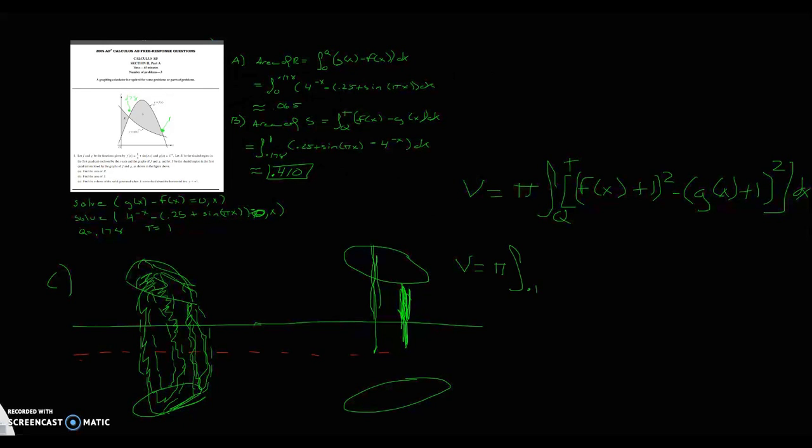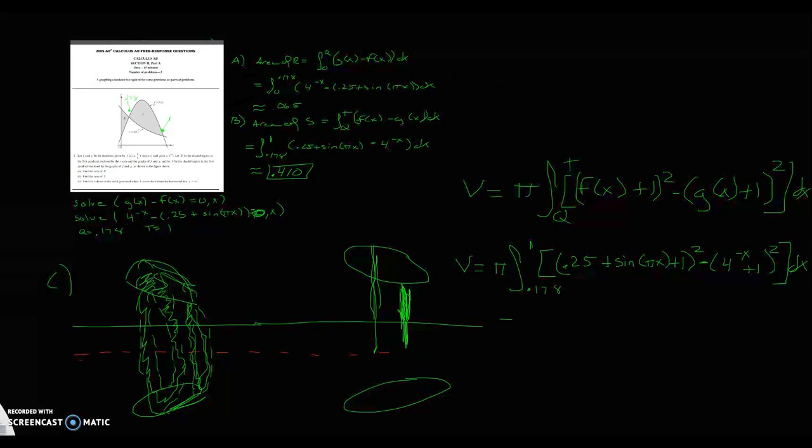Now when you find the volume, it's going to be pi times the integral from 0.178, you don't have to write it, you could leave it in calc terms like above. F of x was 0.25, you could add the 1 right there, plus sine pi x plus 1, squared, minus g of x, which was 4 to the negative x, plus 1 squared, so that's outer squared minus inner squared dx.